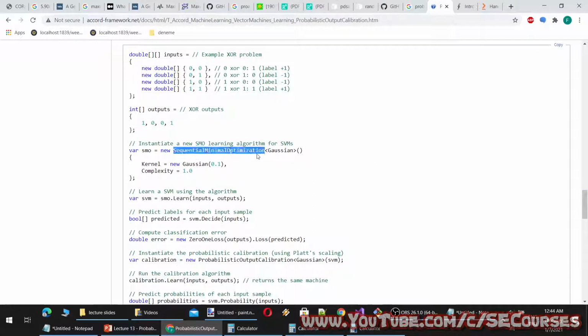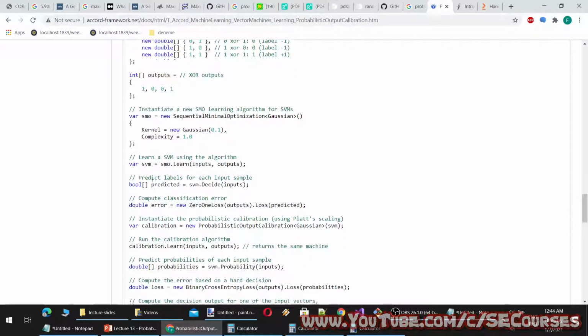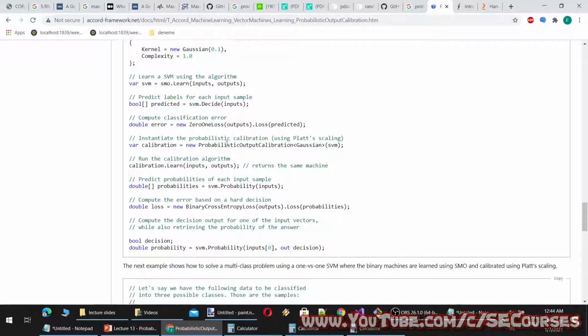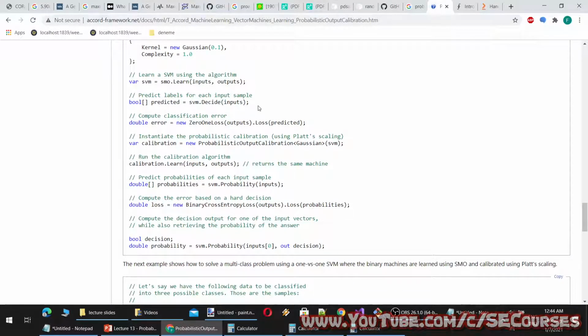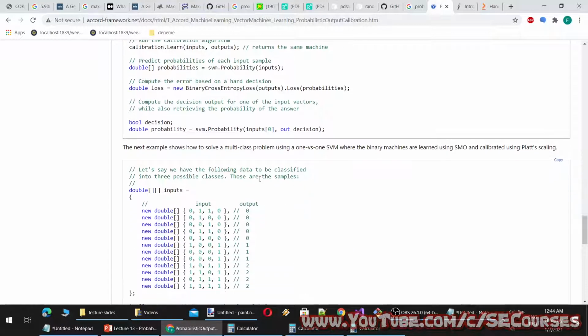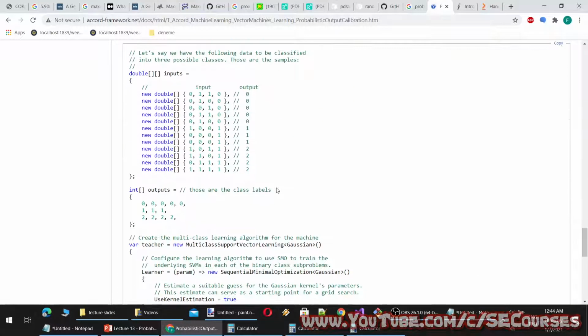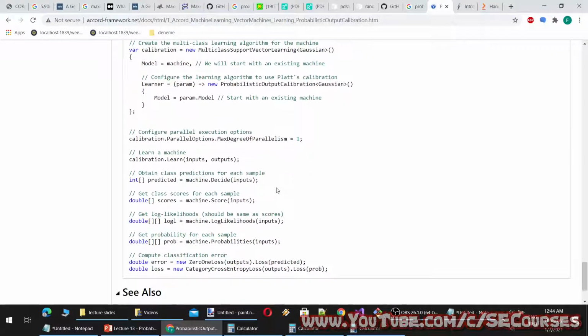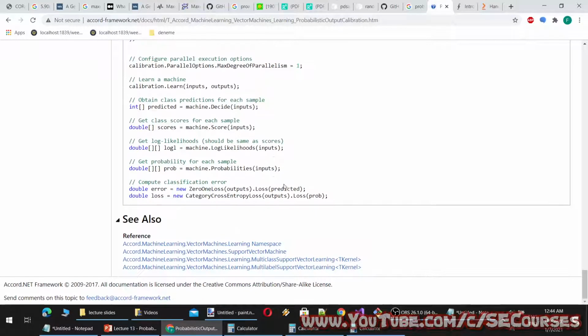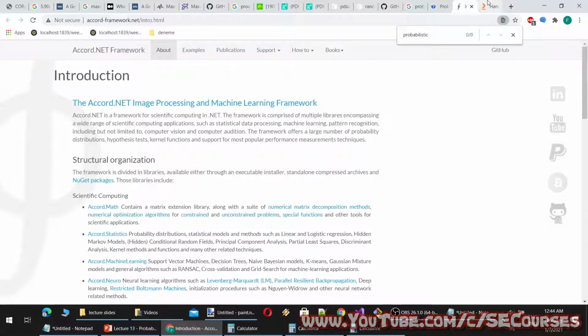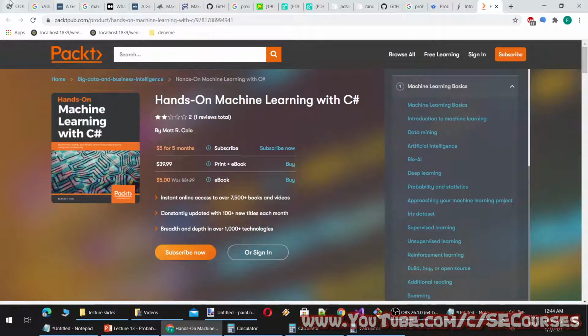It uses sequential minimal optimization with a Gaussian kernel, and the complexity is set like this. It learns, and when we do prediction, it should be outputting probabilities. You can test it if you want, or you can find other algorithms.